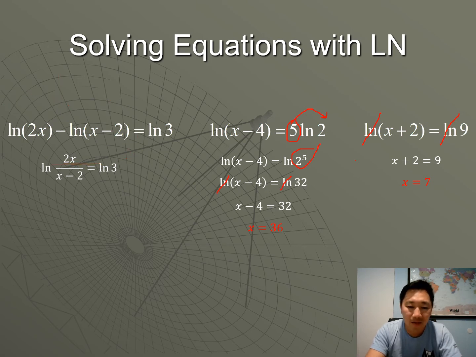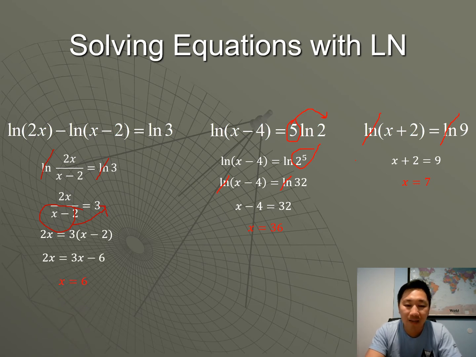Okay, and now there's just one natural log on each side. Cancel them out, and we're left with an easy equation. Let's get rid of this denominator by multiplying it to the other side. Distributive property, and then use basic math to get x equals 6.